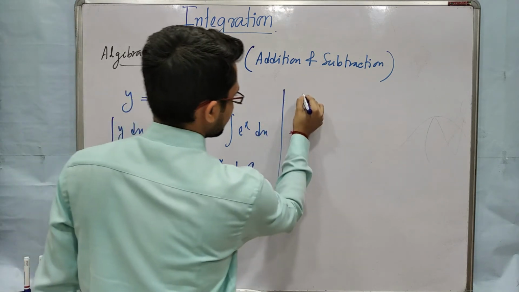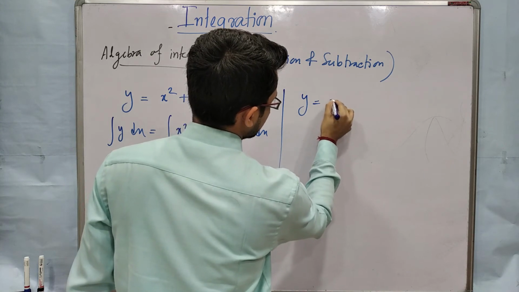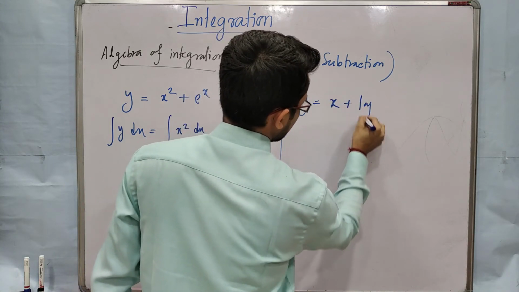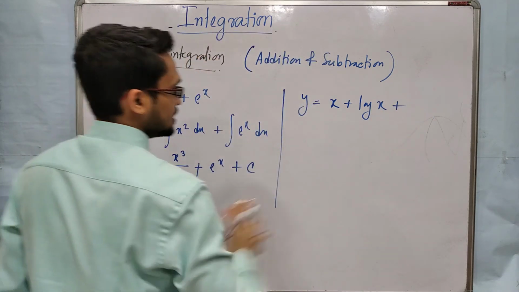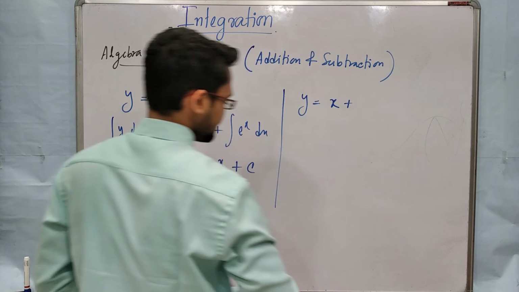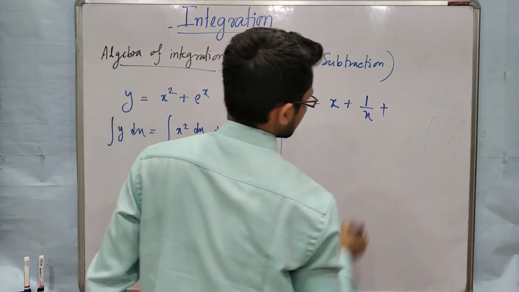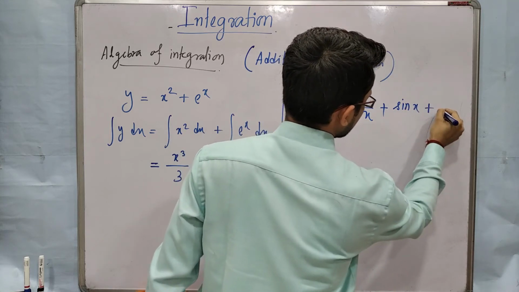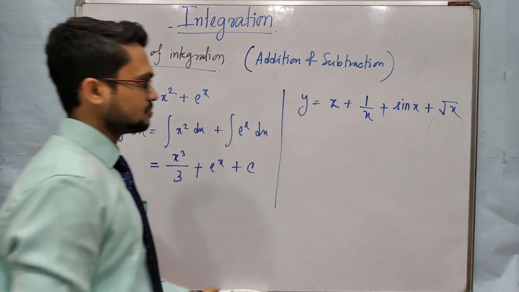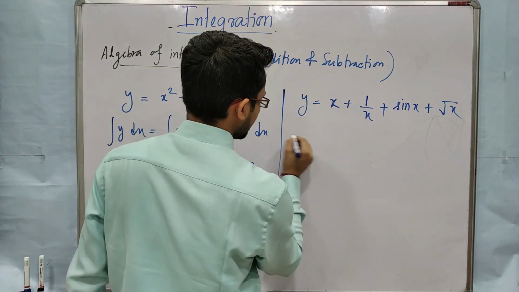Look at another one, y equals suppose x plus, not log x, integration of log x you don't know now. Suppose 1 by x plus sin x, okay, plus root x. Then how will you do it? Here there are 4 terms, make them separate first.